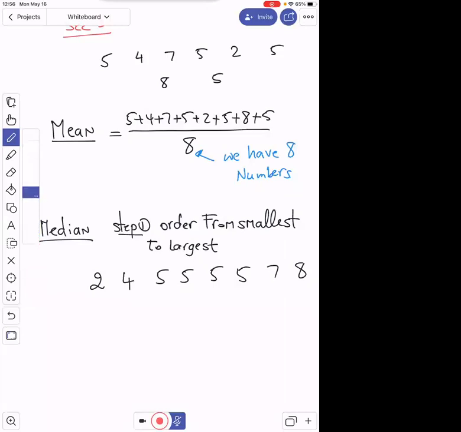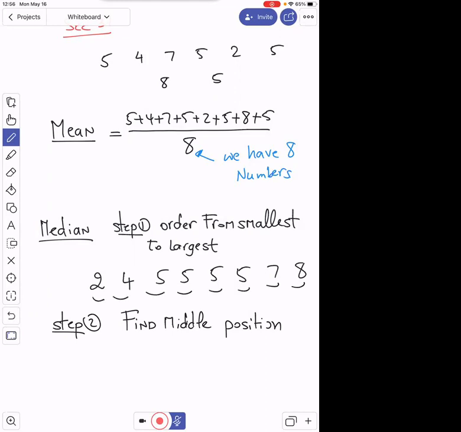So step 2, we need to find the middle position. Here we have 8 numbers.